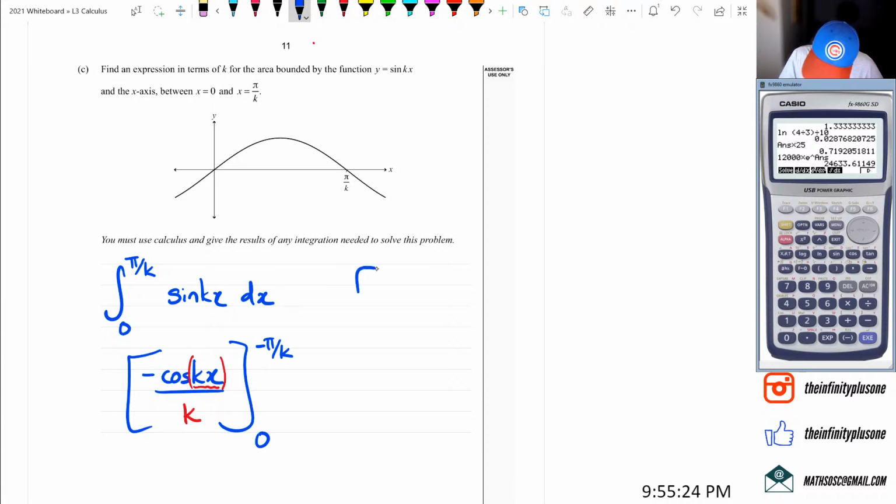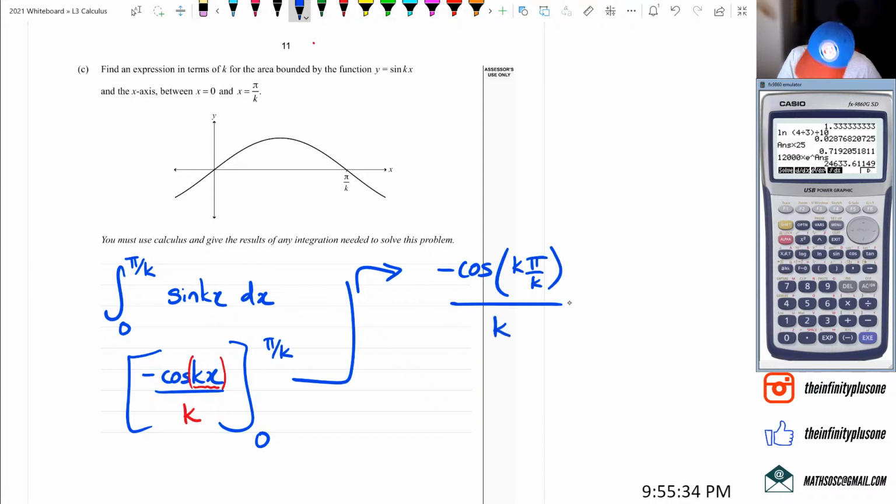Putting this in, we get negative cos of k times pi over k, divided by k, minus negative cos of k times 0 over k.